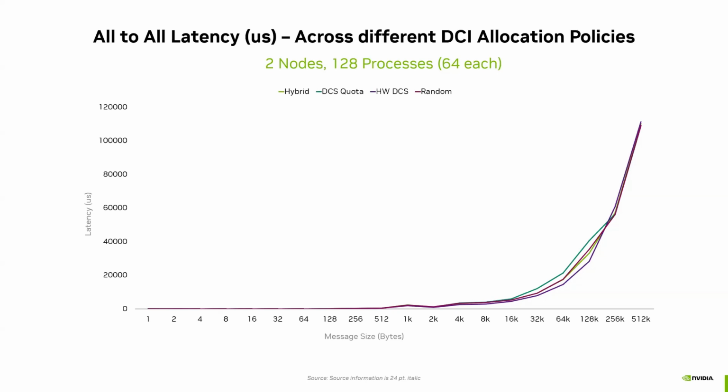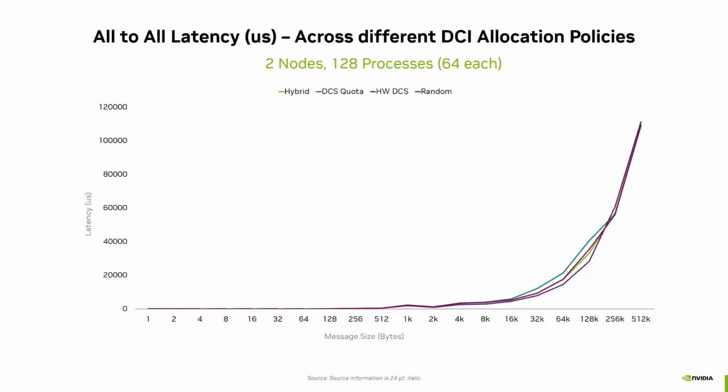And here I'm comparing all four policies. You can see hardware DCS is really winning in the bigger message sizes. And quota is somewhat losing, and the hybrid is somewhere in between. Maybe I should have split it into two graphs so you can see better the differences in smaller sizes versus bigger sizes, but the differences are not huge between policies.